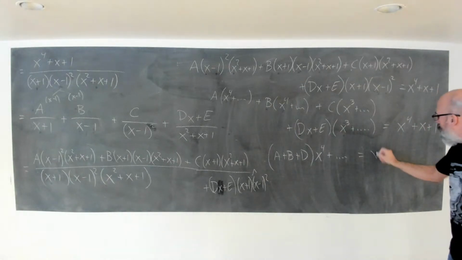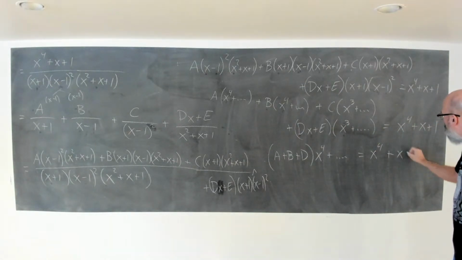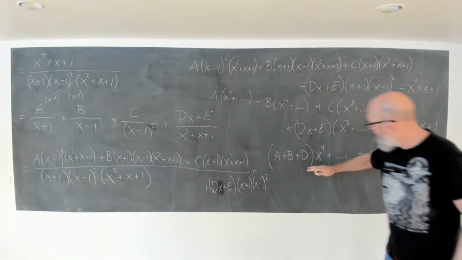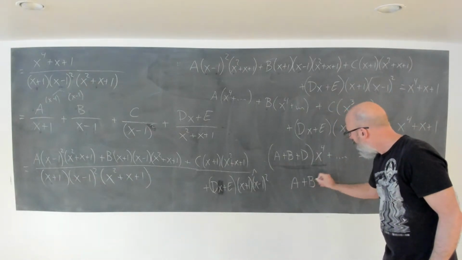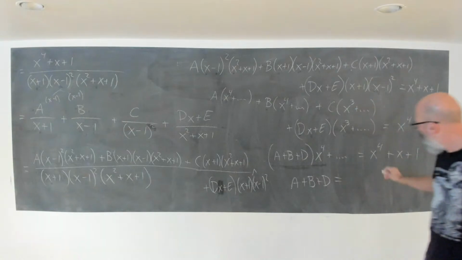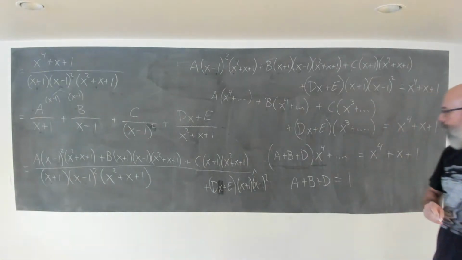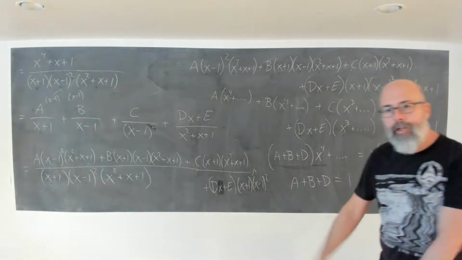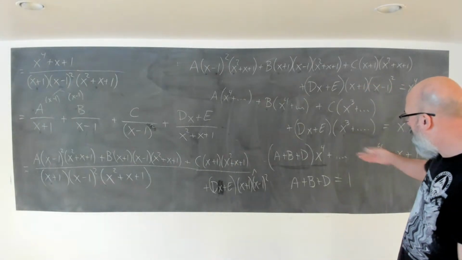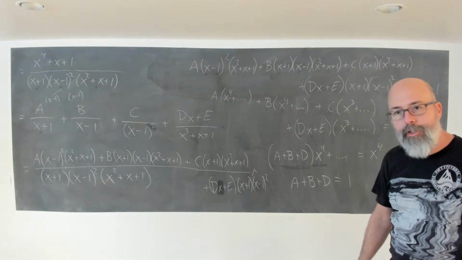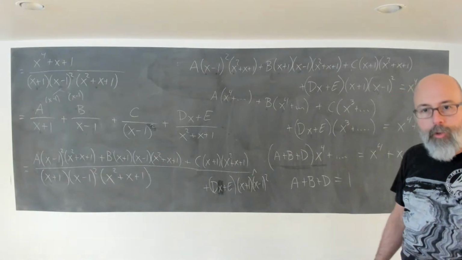And that's going to be equal to x to the 4 plus x plus 1. And so the coefficient of x to the 4 on the left should be equal to the coefficient of x to the 4 on the right, and so on and so on. So you'll get 5 equations and 5 unknowns, and then you can solve.